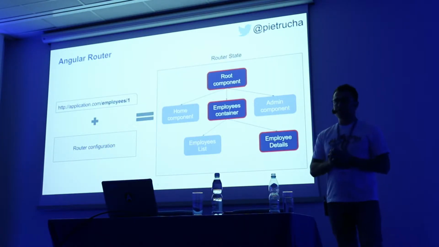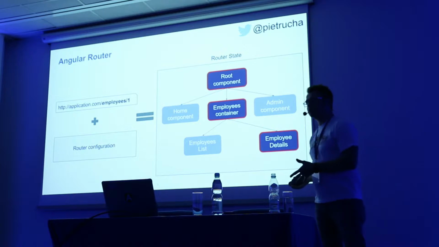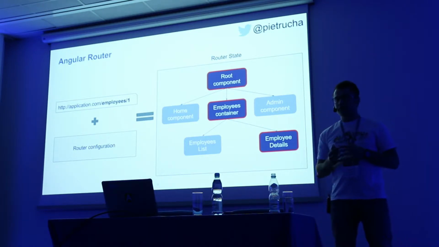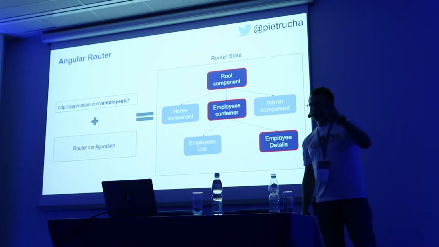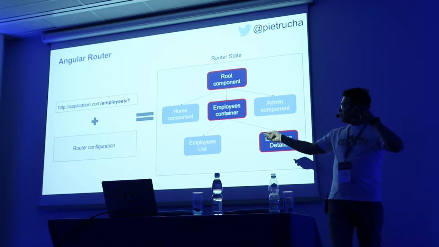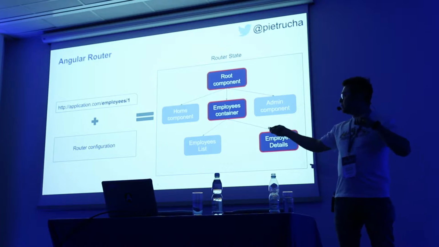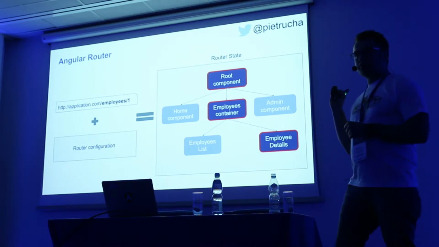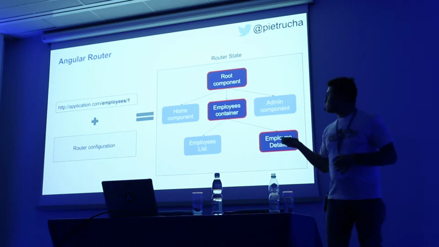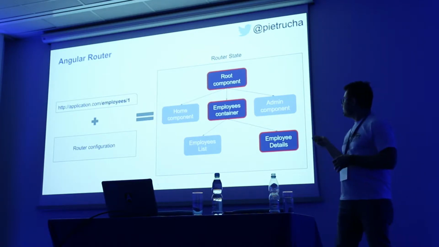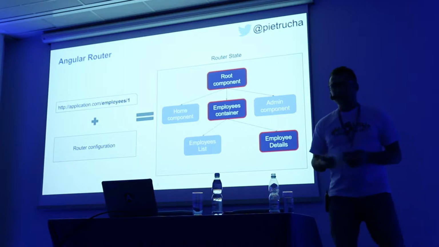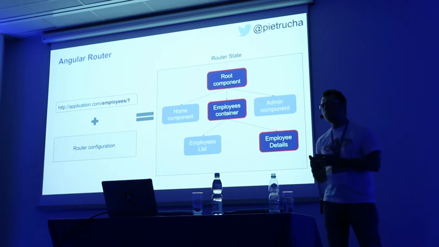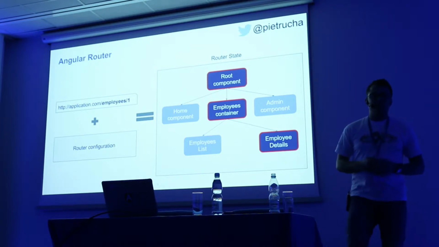And how is it achieved in Angular? We have the Angular router. In general, the router takes the router configuration, matches it against the particular route, and then produces the router state. In this case, we have this particular state which is activated, but the whole tree represents all possible states that the router can achieve.